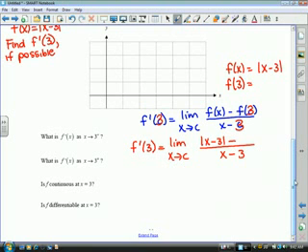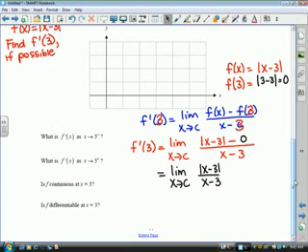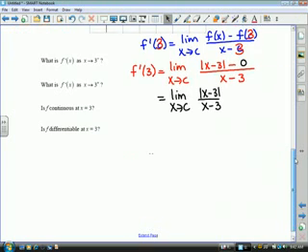Plug it in. Where? Into f of x. Get 0. So if I calculate this limit, I'll get the derivative at 3.